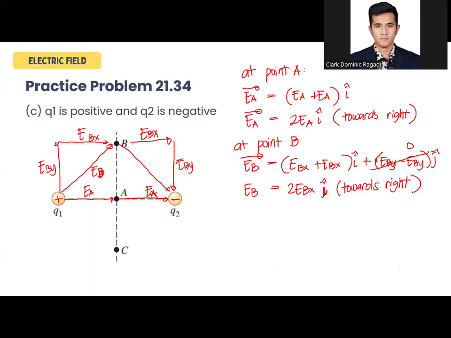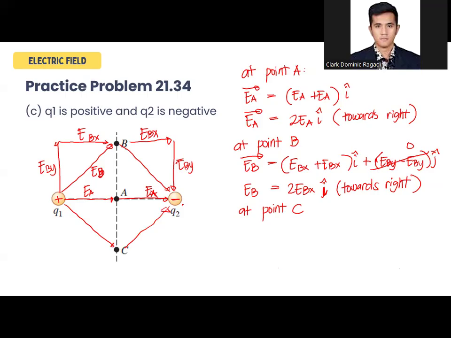Okay, last point, at point C. Again, let's draw the electric field lines. We have Q1 there, and then we have Q2. Let's write the components for Q1.